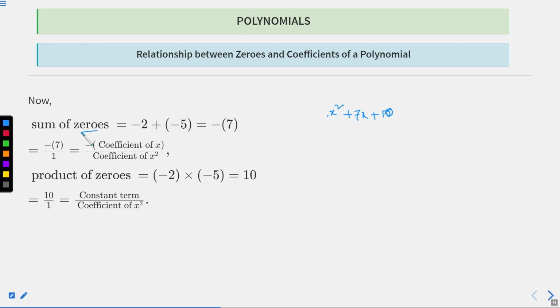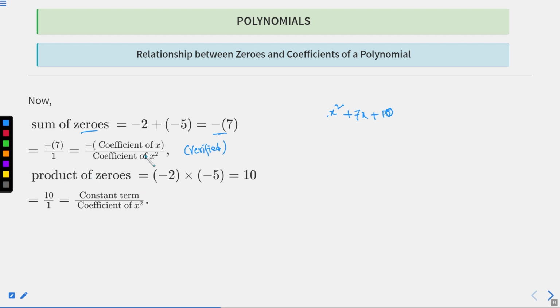So sum of zeros is minus 7, which is minus 7 divided by 1, equal to minus coefficient of x divided by coefficient of x square. So verified.